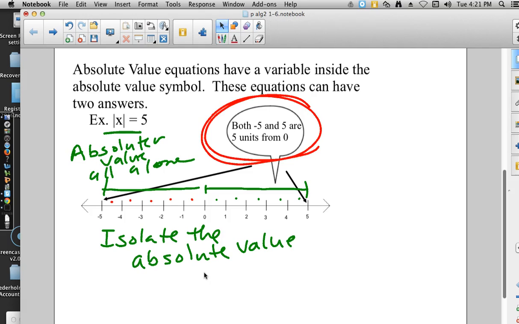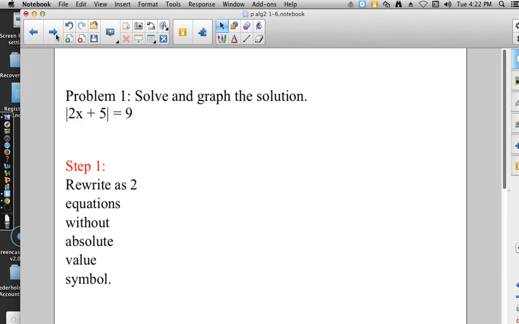All right, so we have to get the absolute value bars by themselves on one side when we are going to solve. So next up, it says we are going to solve and graph the absolute value of 2x plus 5 equals 9. Okay, and they said get the absolute value all by itself.